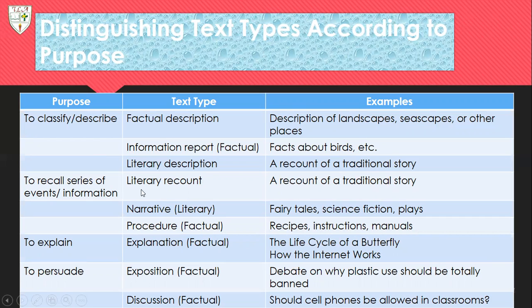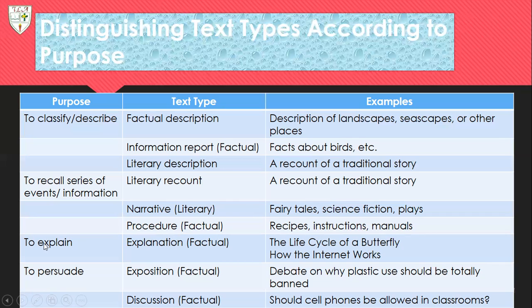So there is the literary recount, and we also have a narrative, which is literary when you are telling a story. So examples are fairy tales, science fiction, and plays. Procedure is factual, for example, recipes, instructions, and manuals.